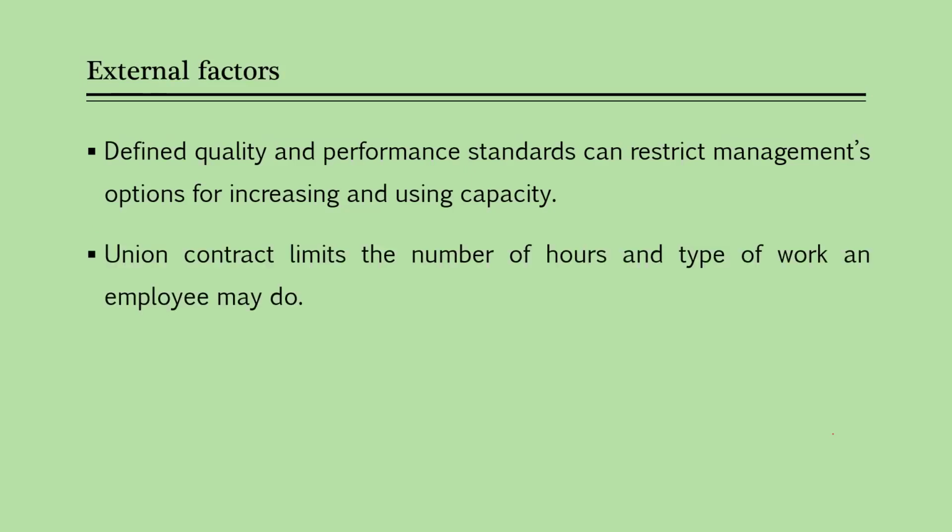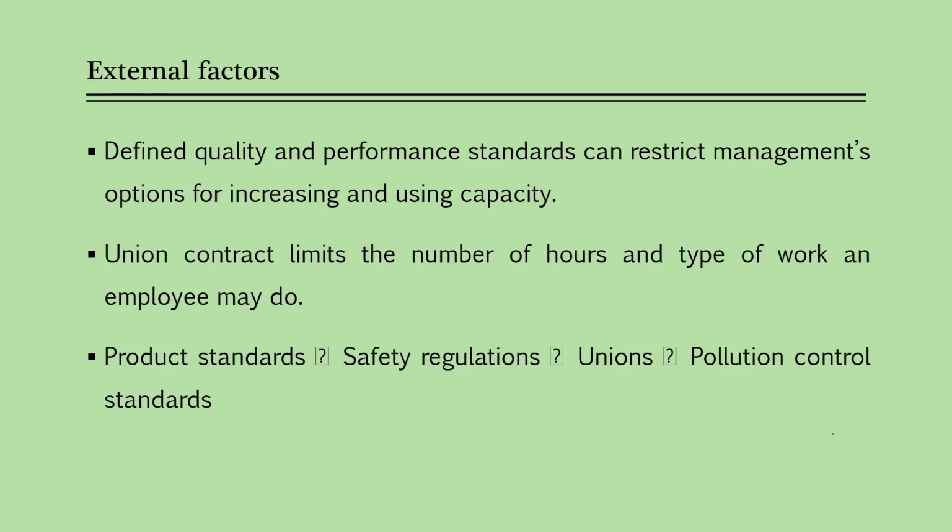Union contracts that limit the number of hours and type of work an employee may do have an impact on the organizational capacity. Product standards, safety regulations, union actions, and pollution control standards are other factors which may have a significant impact on the organizational capacity plan.